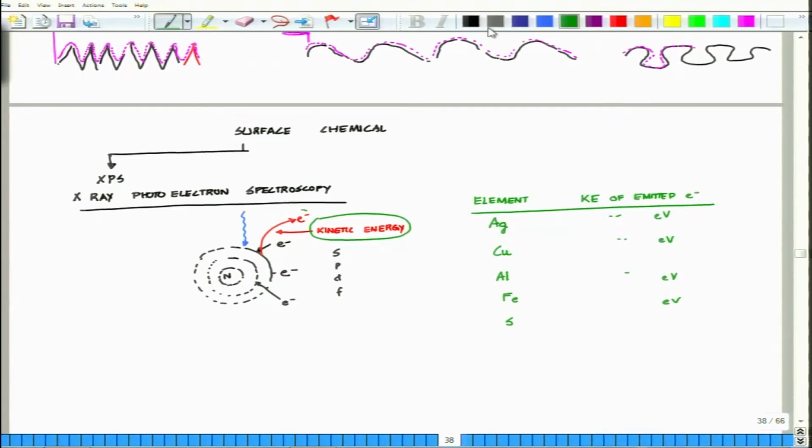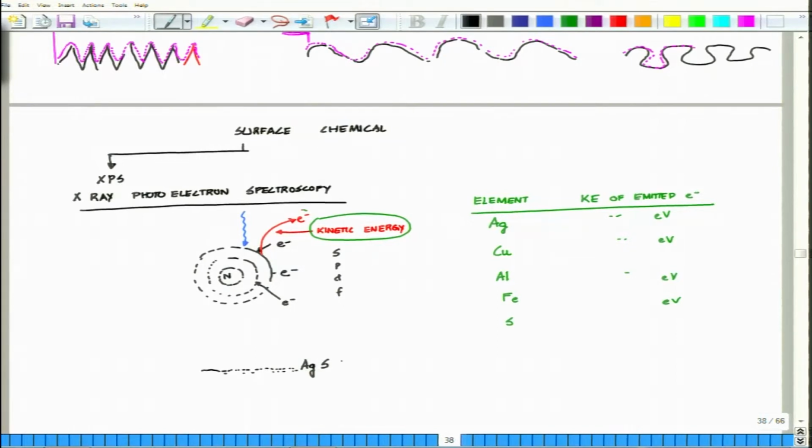Say I have a surface like this, and a nanoparticle lying there, and you claim that these nanoparticles have silver and sulfur.